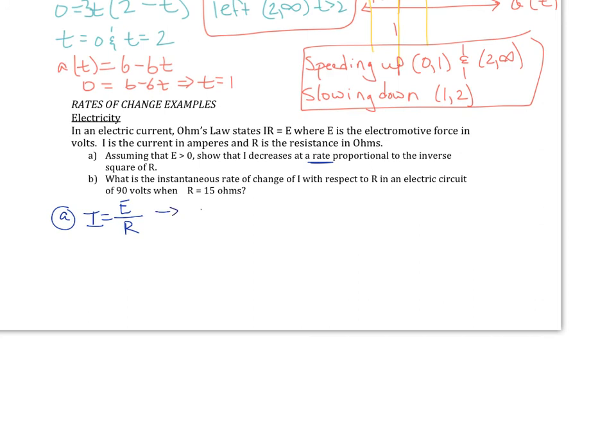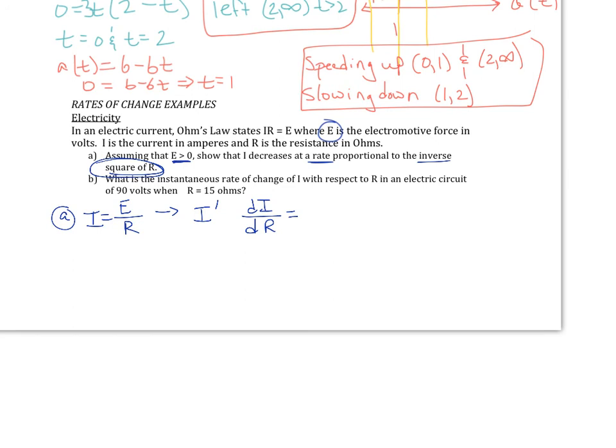So that means I need I prime, which is dI over dR. I'm doing it with respect to R, because they said inverse square of R. And E is a constant. And they even told us that it's greater than 0.